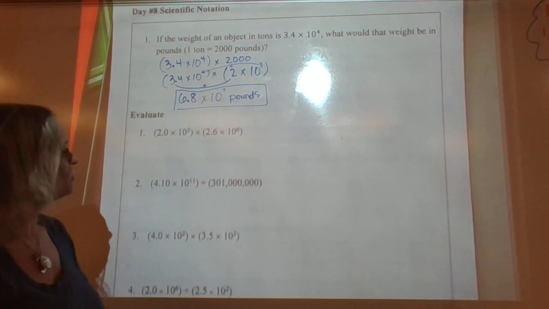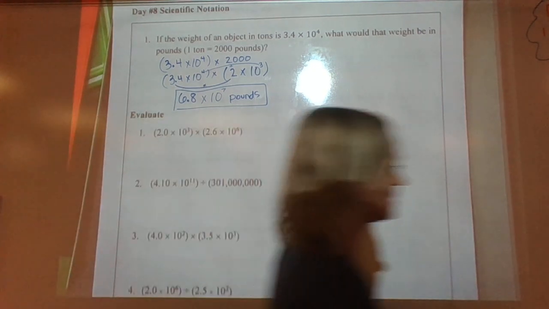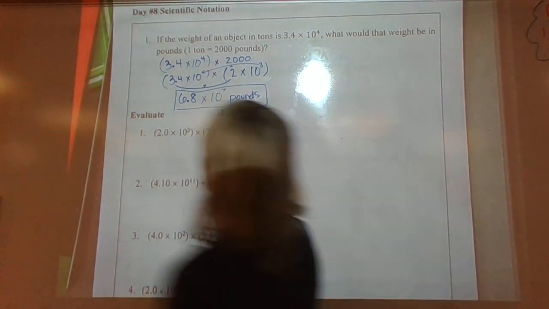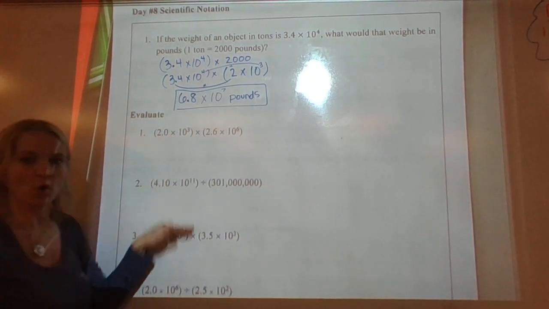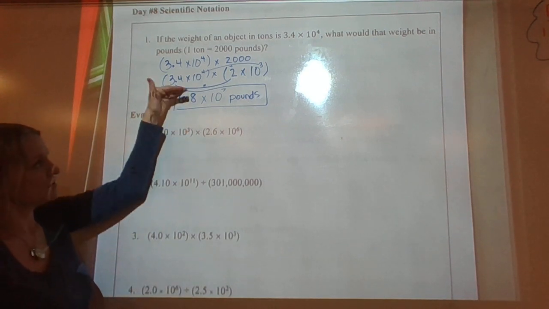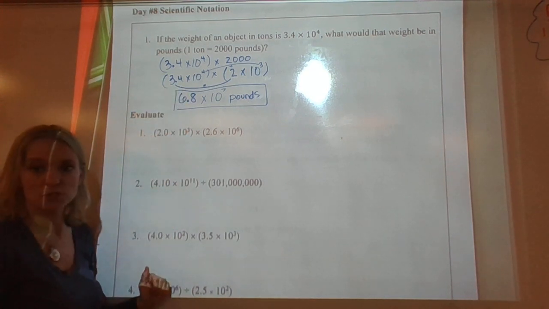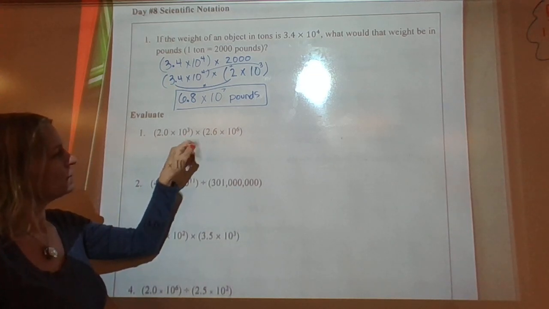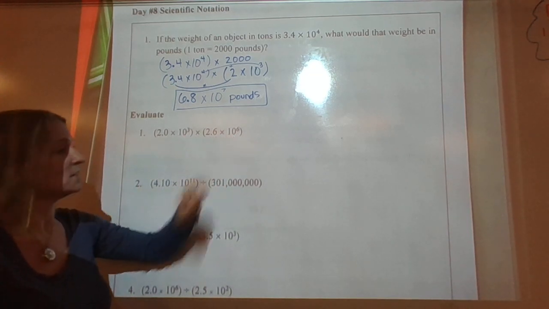Okay, so now we are just going to practice. Let me clear this up a little bit, it's a little blurry. Okay, now we're just going to practice more questions like that. This one is like what we did, and then some division ones, which are similar to what we did yesterday. So we have 2.0 times 10 to the 3rd times 2.6 times 10 to the 6th.